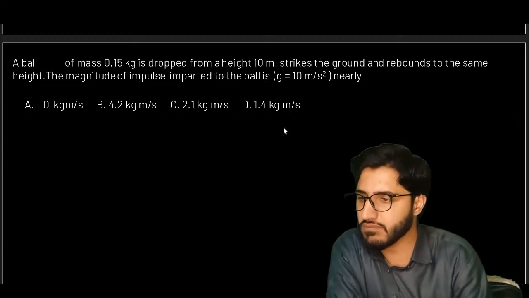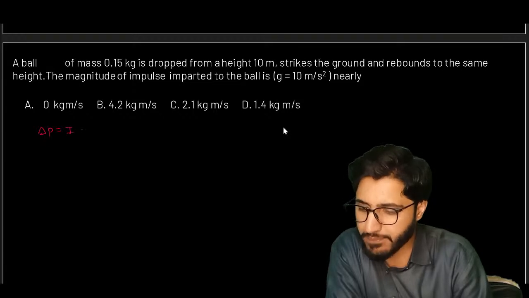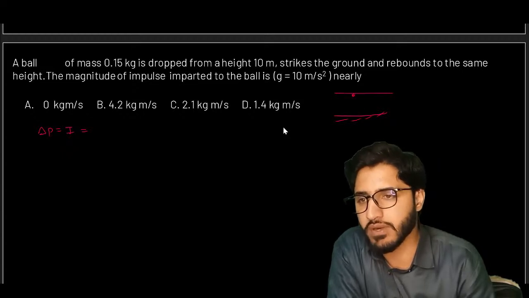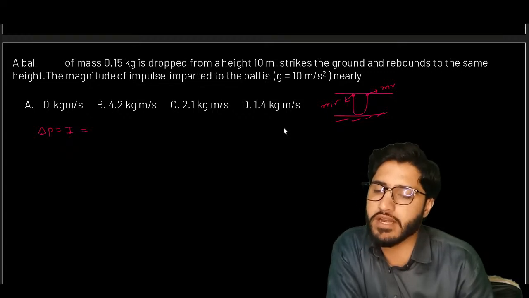Clear? So can I write delta P, that is also impulse. If a ball is dropped like this, it will go like this, right? So what is initial? It is mv. Final is also mv, right? So what will be the magnitude? Can I write 2mv? Yes.